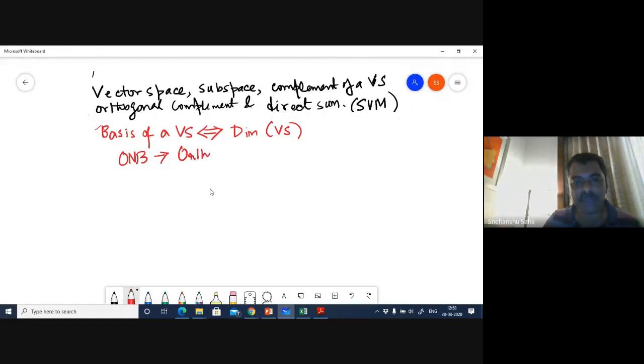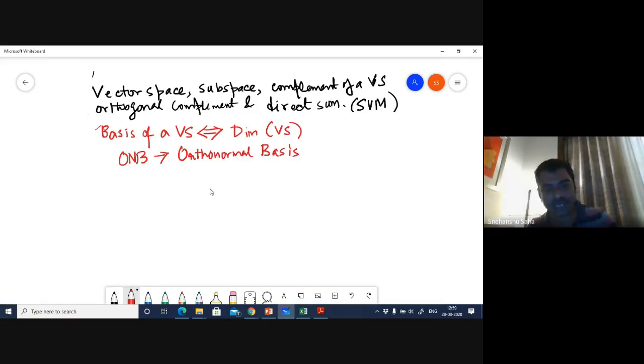This is particularly important. Where have you seen an orthonormal basis, guys? Have you seen an orthonormal basis before? At least in my class lecture, there is a passing reference.